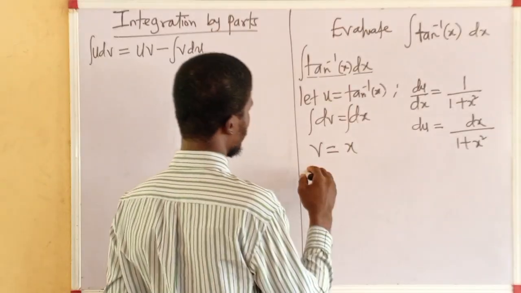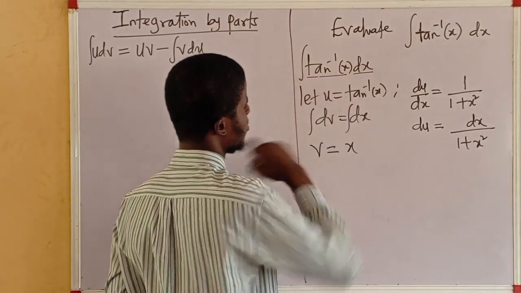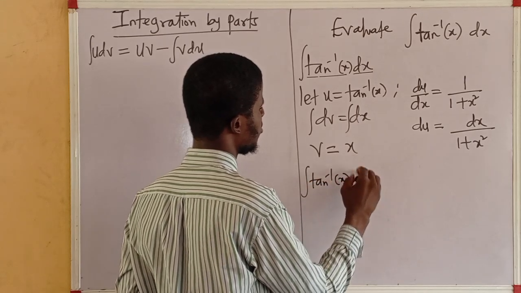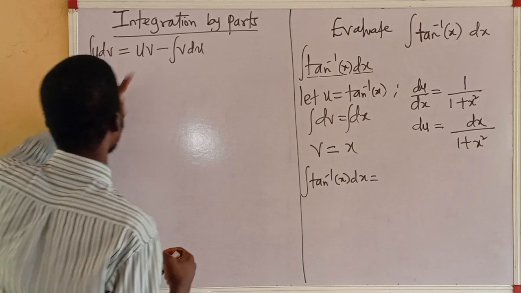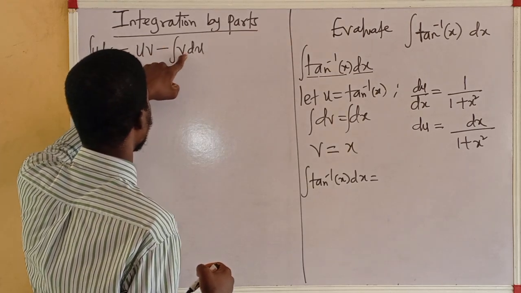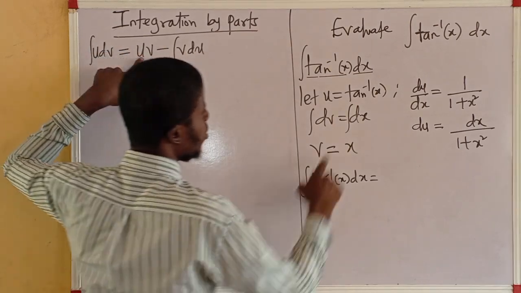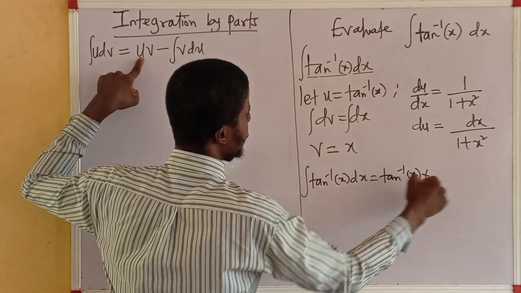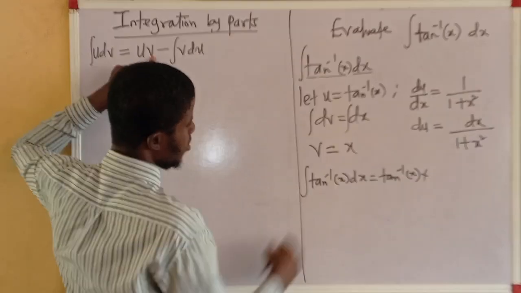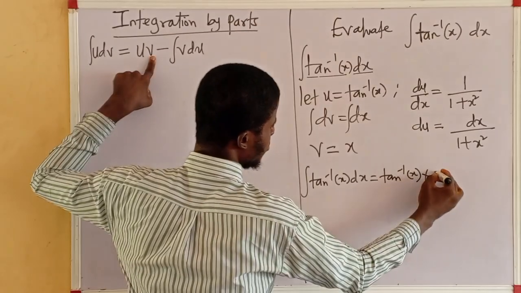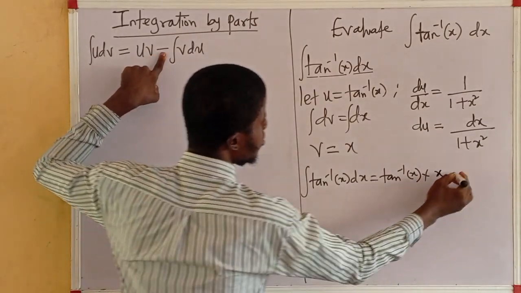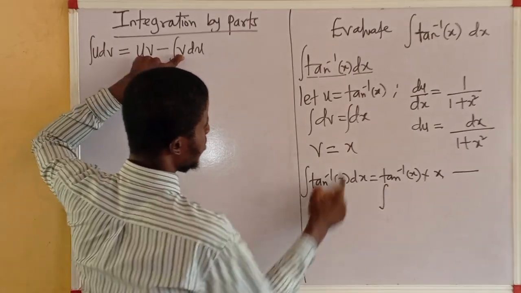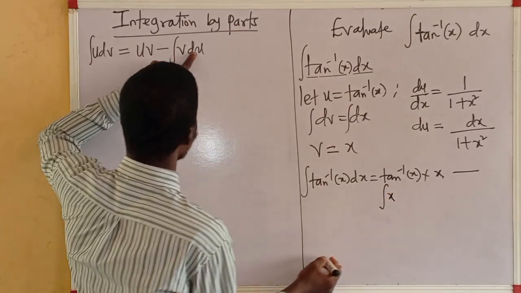So therefore, the integral of the tan inverse of x dx, by the formula, is uv minus the integral of v du. So what's u? u is tan inverse of x, times what's v? This is our v, x, minus the integral of v, and what's v? x, times du.